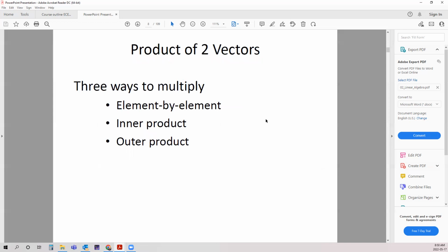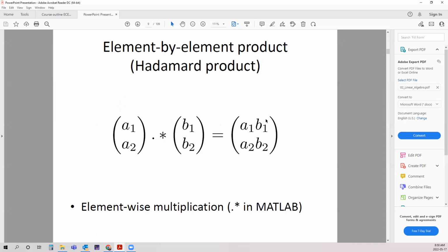Now, to find the product of two vectors or matrices, we have three ways. I'll go over them very quickly: element by element, inner product, and outer product. Element by element is element-wise multiplication in MATLAB, for example.